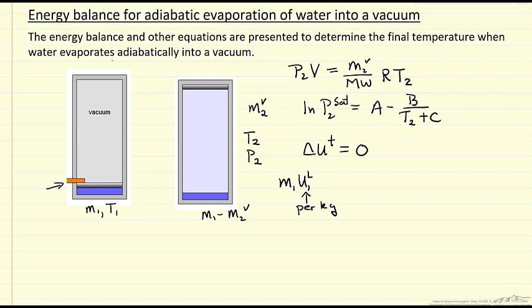That's the initial internal energy. The final is, well, we have liquid remaining, which is mass 1 minus how much evaporated, times the internal energy of the liquid, final. And then we have the mass that evaporated times the internal energy of the vapor.